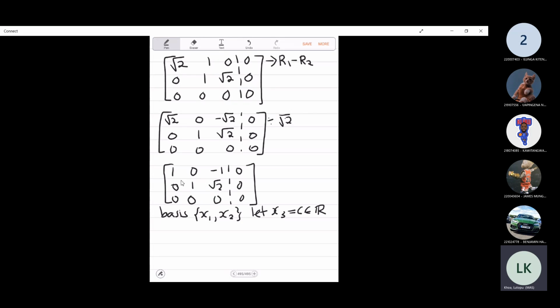Then here I have x1 minus c is 0. So this means that x1 is equal to c. And then from the second row, I have x2 plus the square root of 2c is 0. This means that x2 is equal to minus square root of 2c.